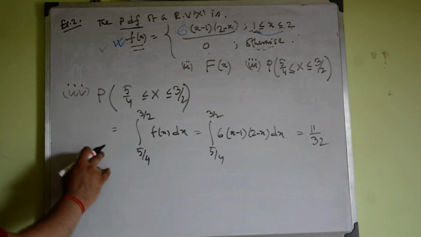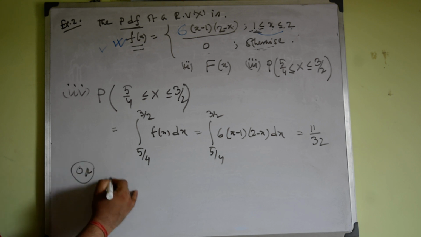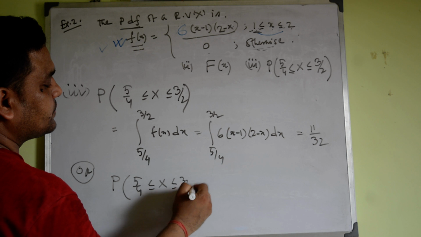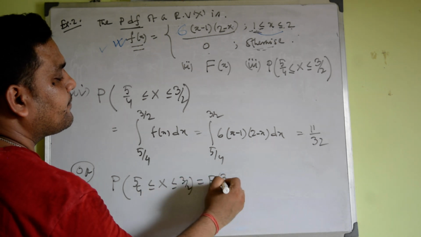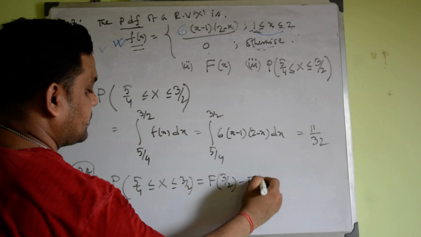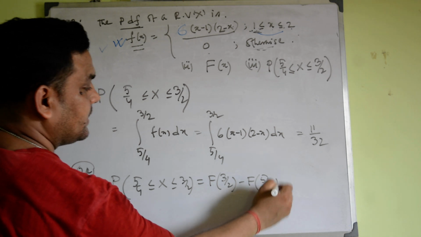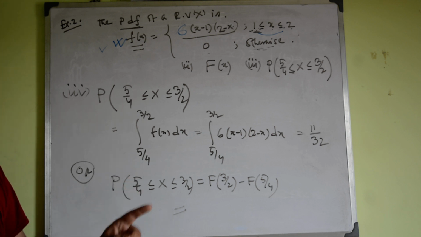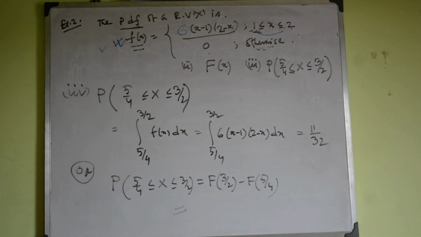You can do it another way, using the formula P(a < x ≤ b) = F(b) minus F(a). P(3/2) means 1 point something, so what is our distribution function for 1 to 2? That distribution function was 5 minus 12x plus 9x square minus 2x cube.